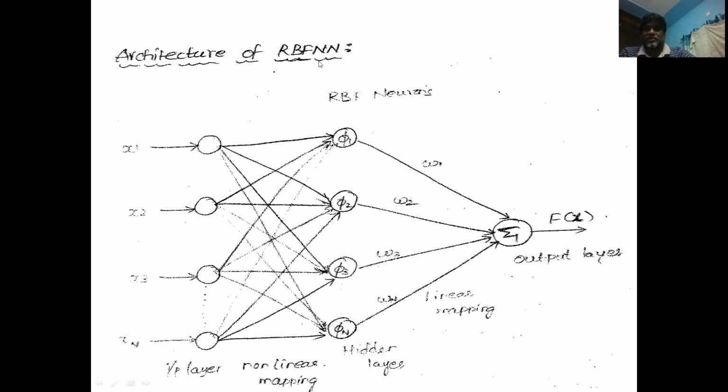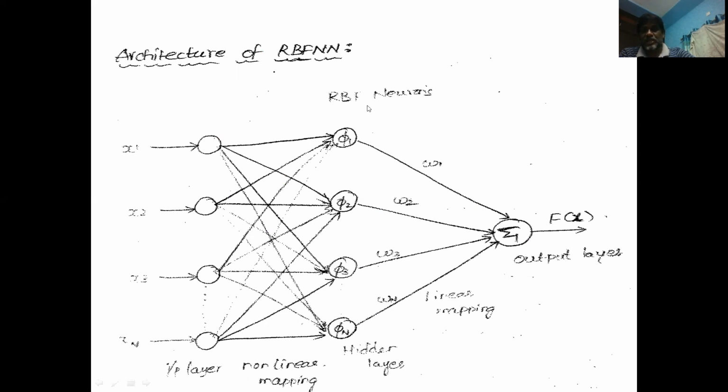Assuming that x1, x2, and so on up to xn is the input space, conversion from input space to hidden space is done with the help of non-linear mapping.